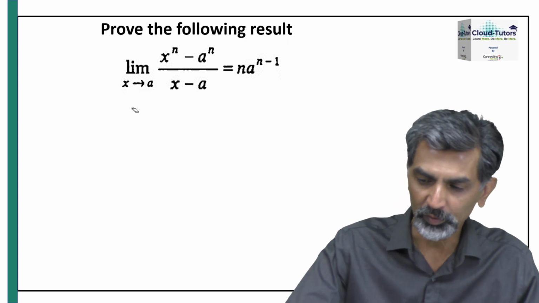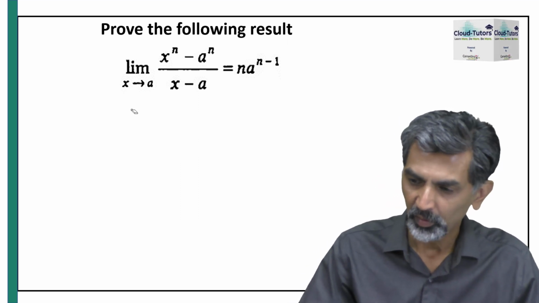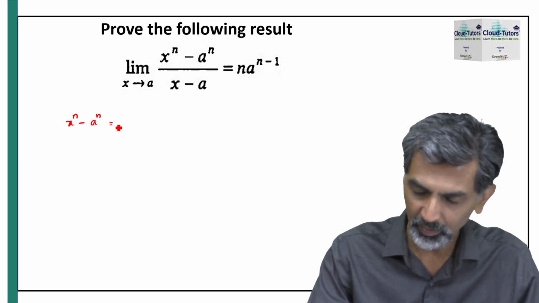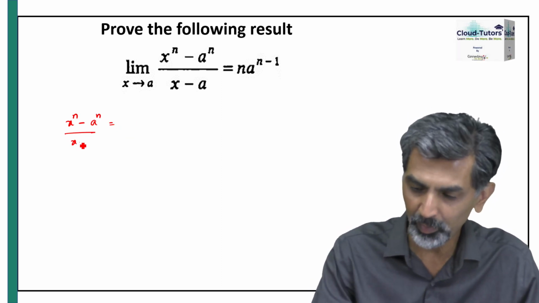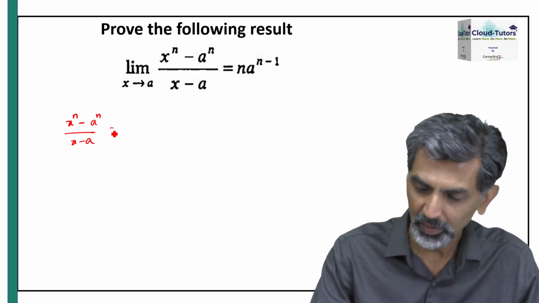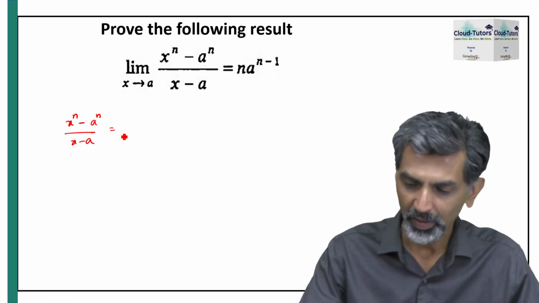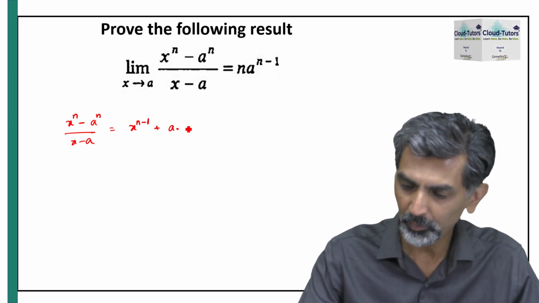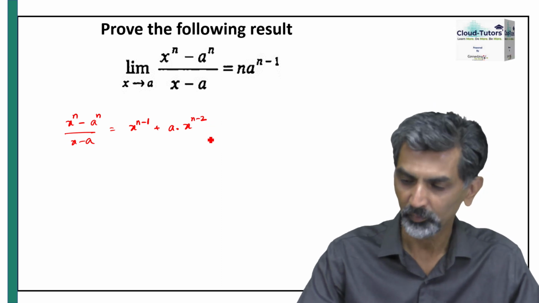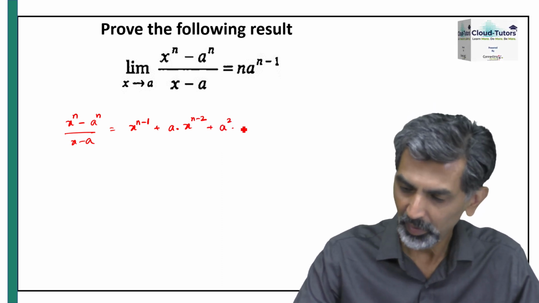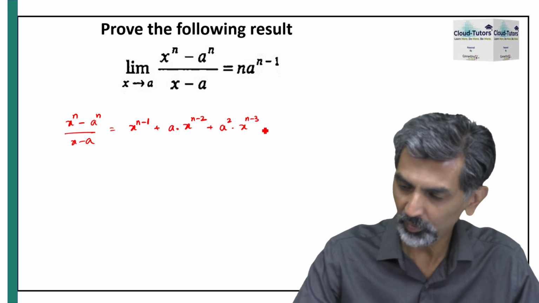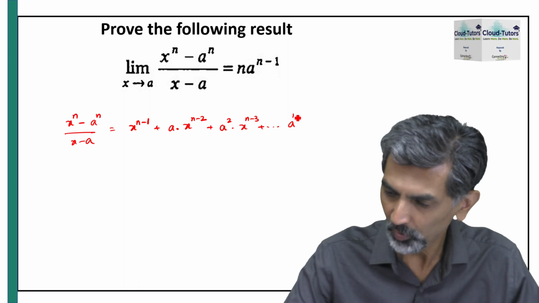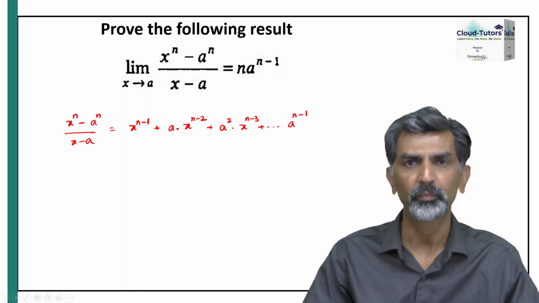So how do we prove this? It's quite simple. x to the power of n minus a to the power of n, divided by x minus a, can actually be written as x to the power of n minus 1, plus a multiplied by x to the power of n minus 2, plus a square multiplied by x to the power of n minus 3, all the way up to a to the power of n minus 1.